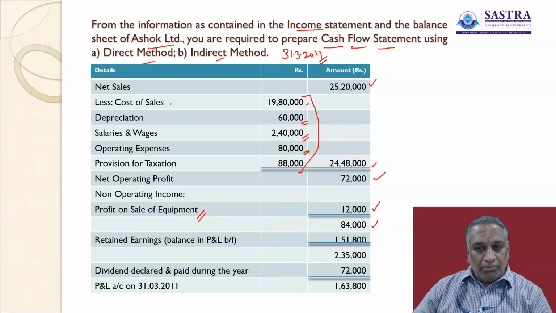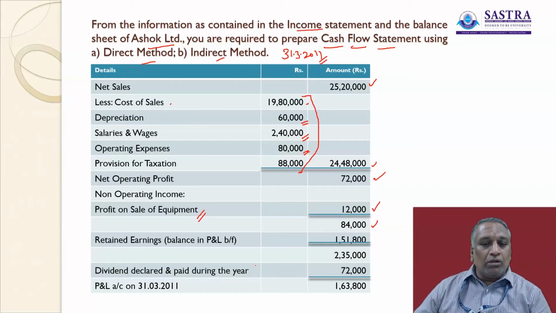That is profit, not cash, it's all profit. Profit from operating is 72,000, and from non-operating, that is from sale of equipment, is 12,000. So in total you have 84,000.